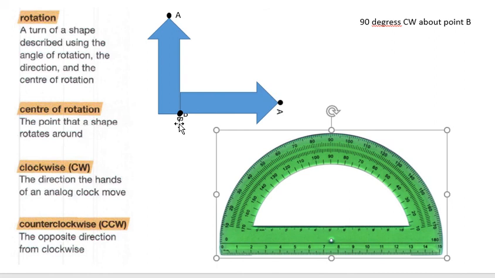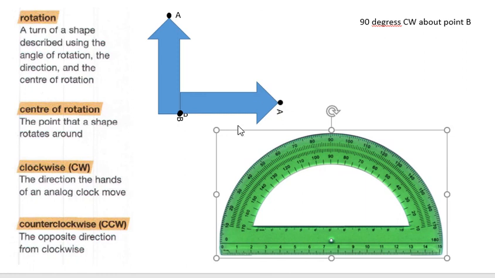This B applies to this blue arrow, and the B that's kind of hiding underneath here applies to this blue arrow. So these two blue arrows are exactly the same. They're just pointing in different directions. My A, which started off right here, is now down here. This is how we do a 90-degree clockwise rotation around point B.